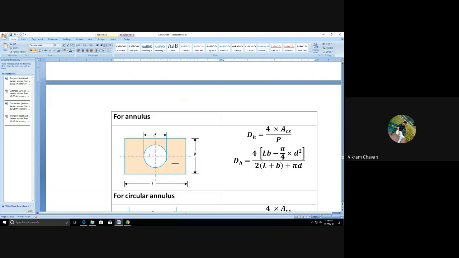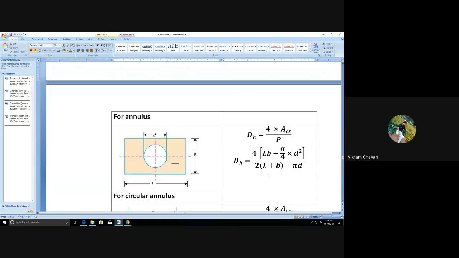So that will be the cross section area. And the wetted perimeter means the addition of all the sides, so 2 times L plus B for the rectangular duct, and the perimeter of the circular duct cross section is pi d.